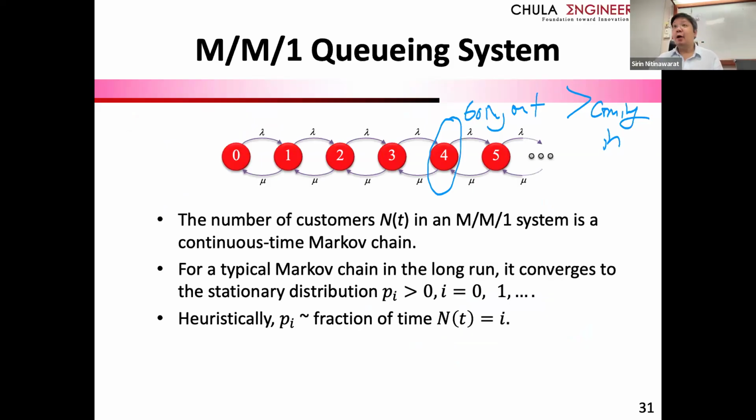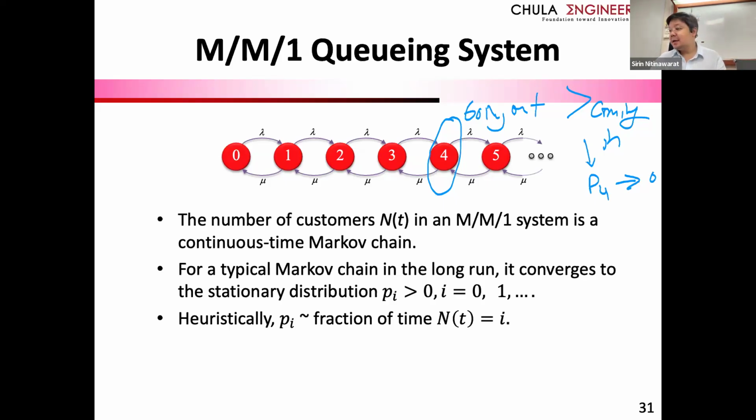You will visit it less and less, right, as you keep the system running? And that would be like P4 is going to 0, right? So what do you think if P4 is going to 0? Because the transition is only by increments of 1, how can you reach P5, P6, and so on, right?